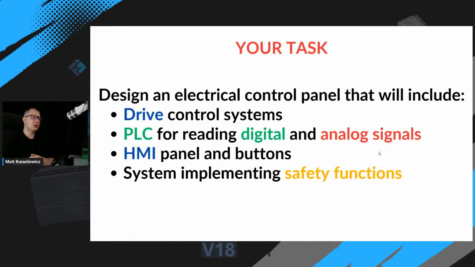As an automation engineer, your task will be to design an electrical control panel that will include drive control systems, PLC for reading digital and analog signals, HMI panel and buttons, and a system implementing safety functions.